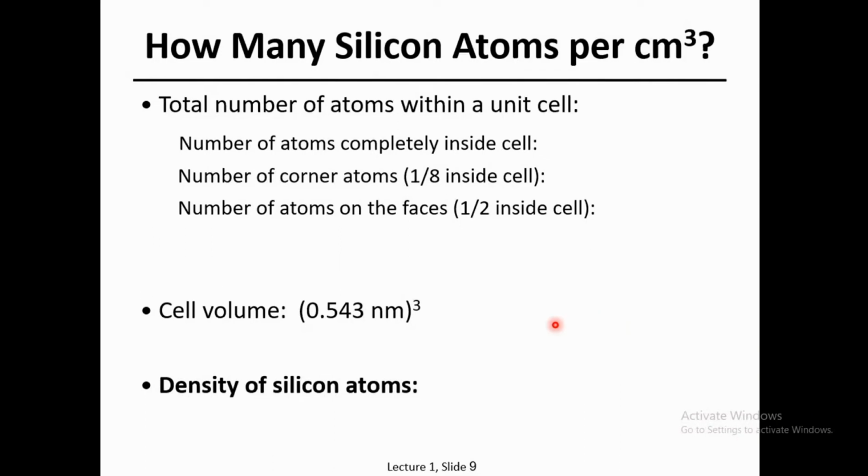That would be for the silicon atom. So here it's describing to you the number of atoms completely inside the cell, number of corner atoms, how many you have on each side, and how many you have on the faces.